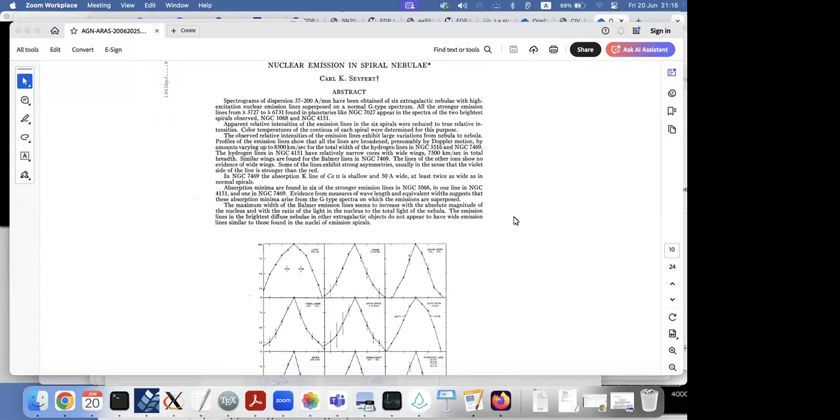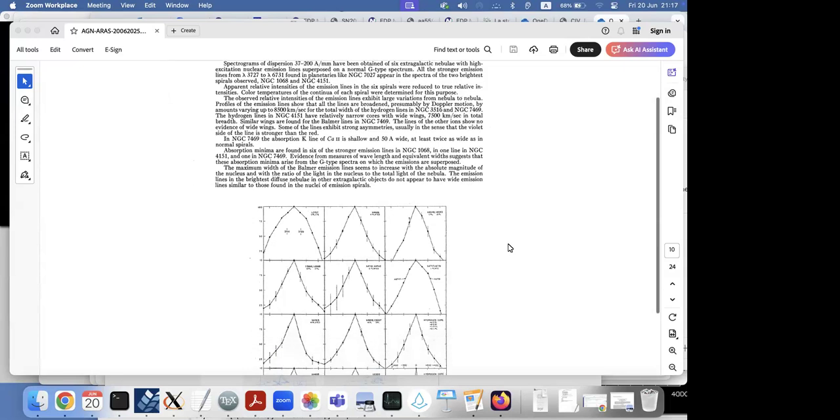But Seifert happened to have been involved in spectroscopy. He was at Vanderbilt at the time in a situation in which astronomers were involved in other ways in the war effort.